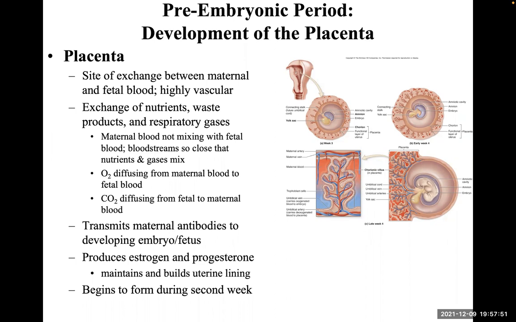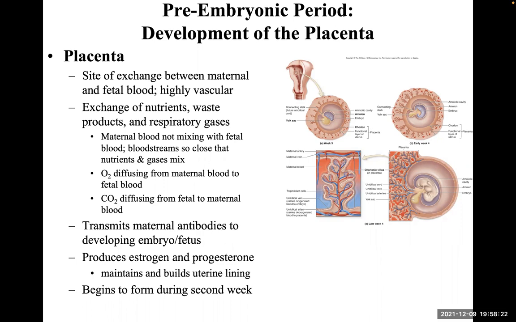It's how the CO2 that is made by this developing structure is disposed of. Well, I guess I'm getting a bit ahead of myself, but during pregnancy, especially into the second trimester, the maternal respiratory rate increases dramatically. And one of the consequences of this is that if you breathe faster, you're going to blow off more CO2.